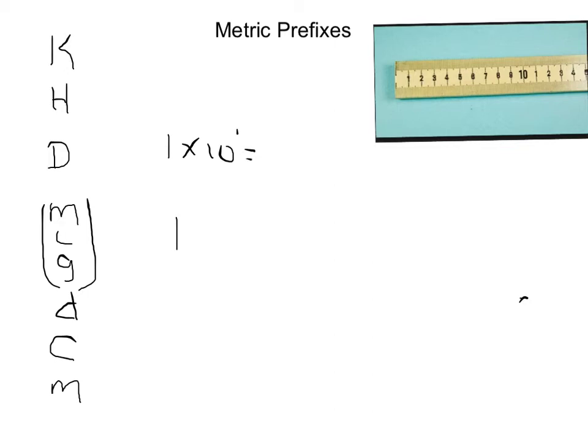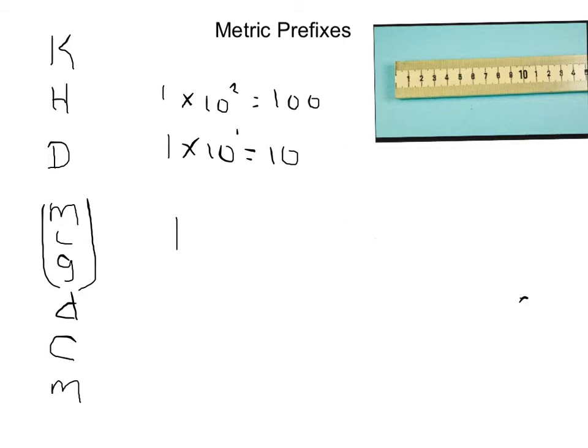That comes out to 10. 10 raised to the first exponent is 10. And then if we're talking about hectograms, we're talking about 100. That's 1 times 10 to the second power. That equals 100. So that's 100 meter sticks, or 100 meters.